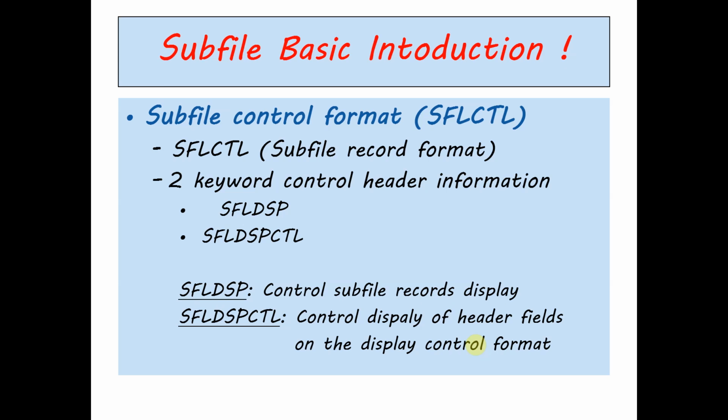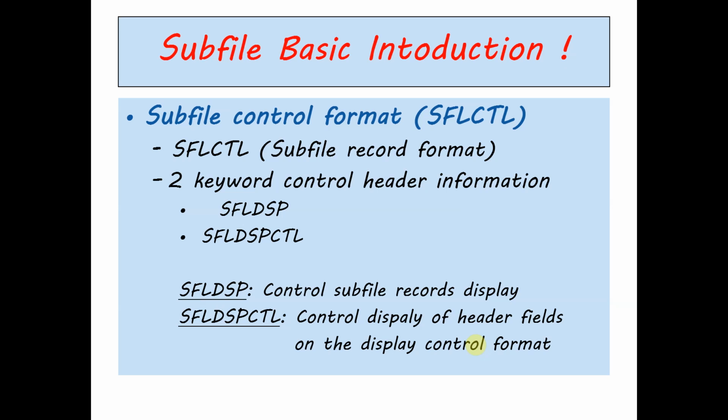And the SFLDSPCTL keyword is basically used for the header fields on the display control format, or if you want to take some input from the user and output it to the subfile. In that case, you are using SFLDSPCTL. I'll be telling you right now that this is an optional keyword.